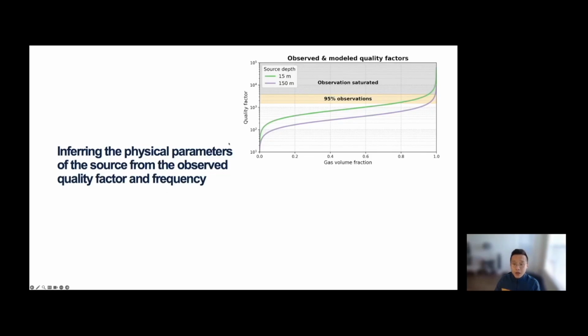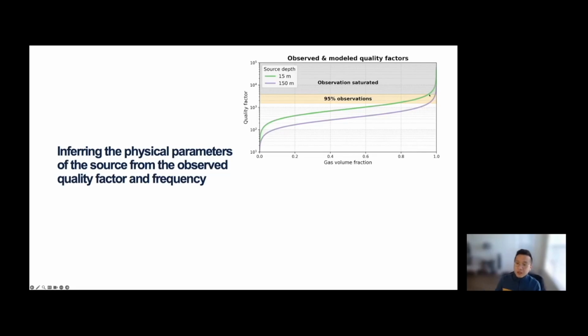On the top, I'm showing the relation between quality factor and gas volume fraction. In this model, the quality factor, which measures how fast the energy dissipates from this resonator, increases with increasing gas volume fraction.